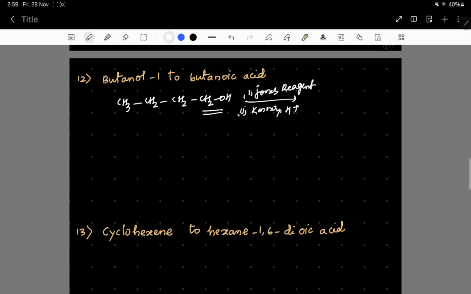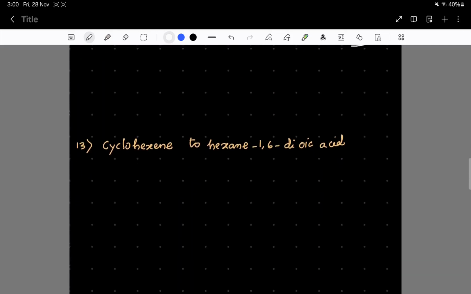This will be converted into CH3CH2CH2COOH, butanoic acid. A 1 degree alcohol is converted into acid.